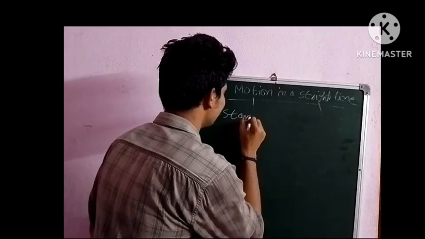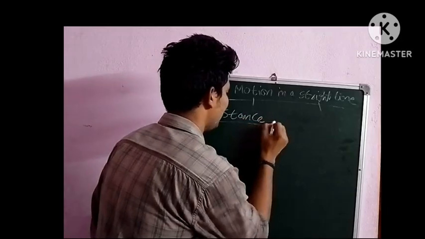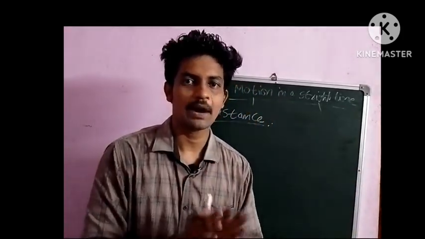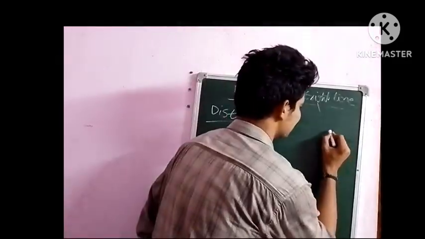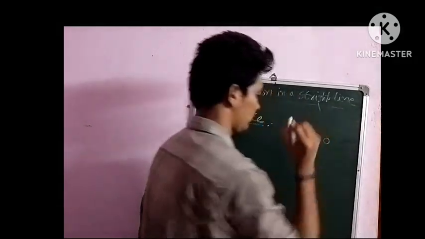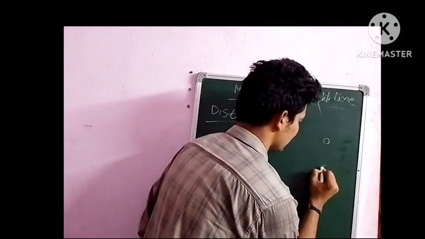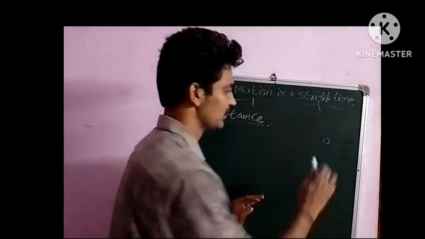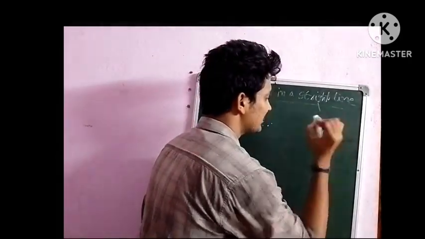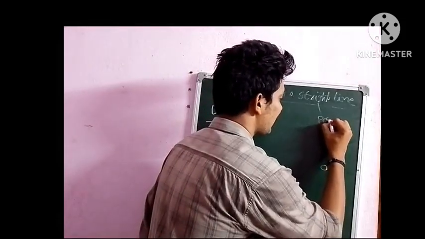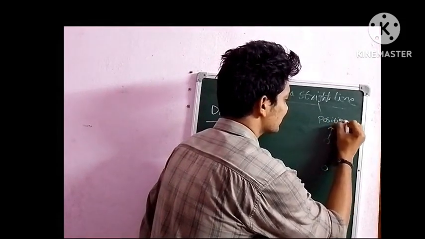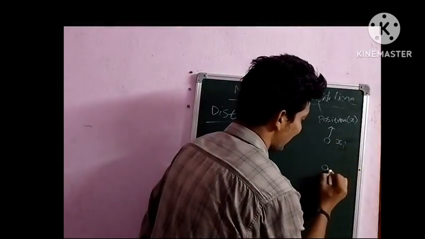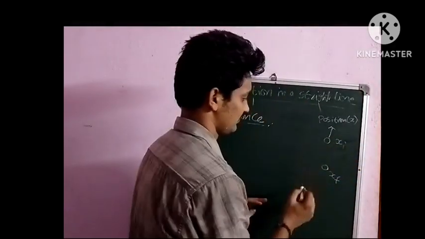Can anybody say? Okay, let me explain. Distance is nothing but path length. This is one object, one point. This is one position and this is another position. Position we generally describe as x. This is the initial position and this is the final position.